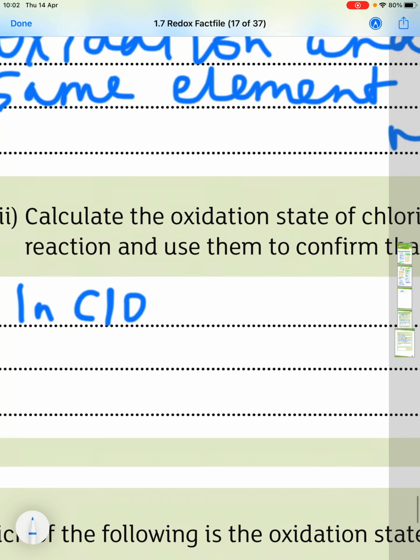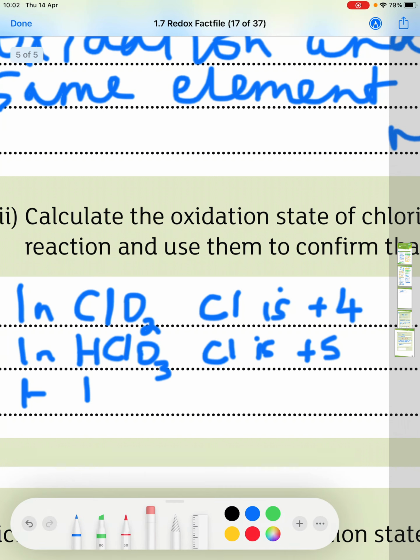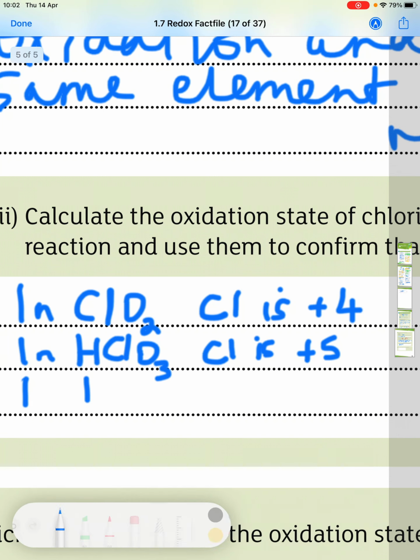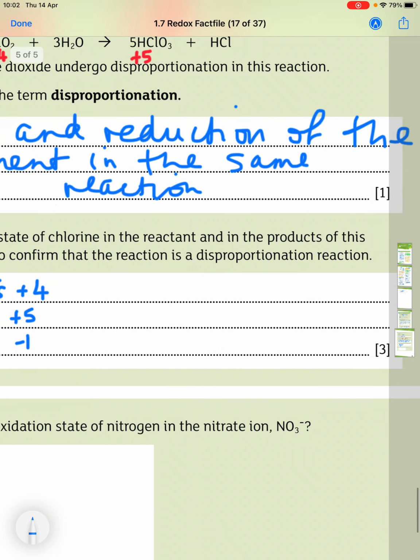So we're going to use that in the answer. And we're going to say that in ClO2, chlorine is +4, and in HClO3, chlorine is +5, and in HCl, chlorine is -1. So you're going to get 2 marks if all the oxidation states are correct.